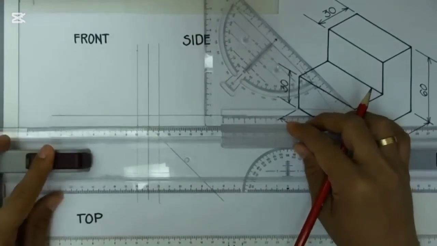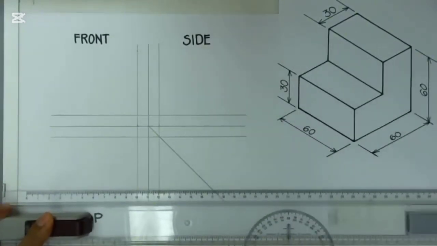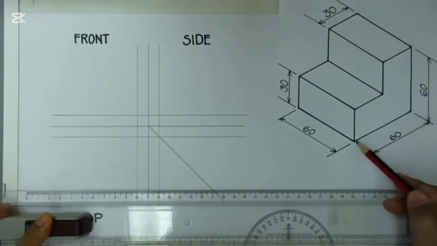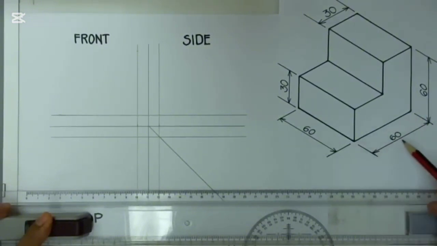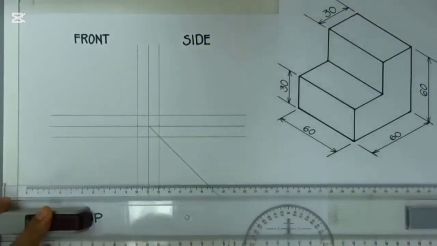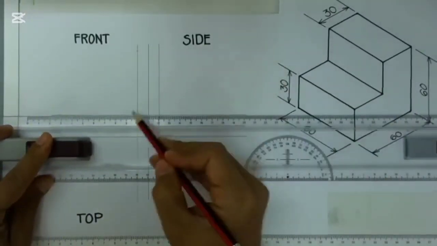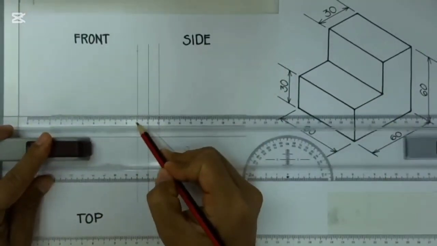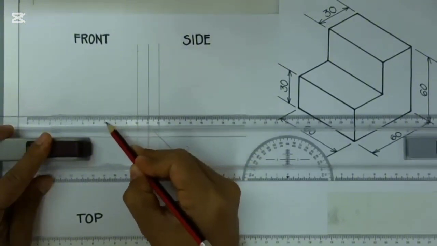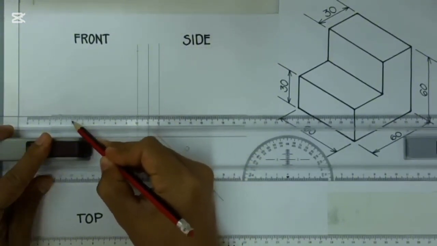And then determine the width of your isometric drawing. From here up to here is 60 millimeters as well. So this is 0, 1, 2, 3, 4, 5, and 6.